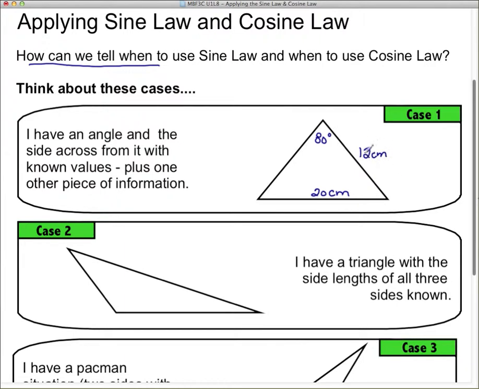Then I can find this angle over here using sine law. Or let's say I knew what the angle was down here, then I could find this side using sine law. So we just have one other piece of information, either one angle or one side with a known value on it. So this is one situation.